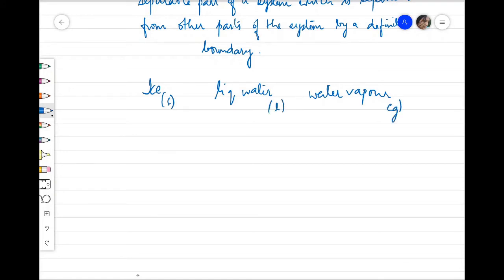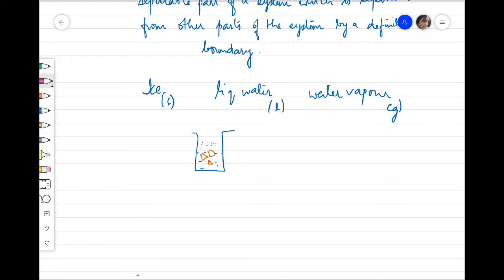When all three coexist, we are talking about water having 3 different phases. Like, I'm taking a glass filled with water, say I have some ice cubes in it, and let me say these are some water vapor molecules on top.